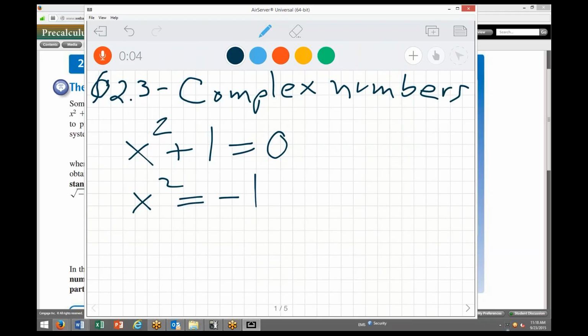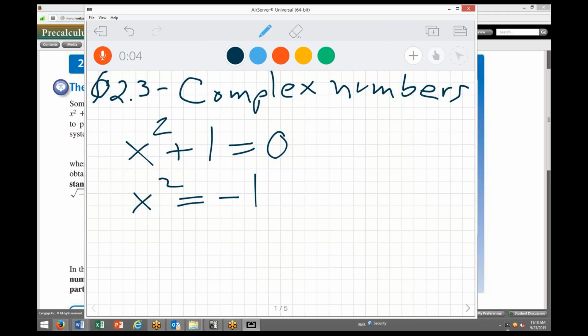And we all know that within the realm of real numbers, the numbers on the real number line, if you take any two real numbers and multiply them together, we know what happens based on their signs. If they're both positive, we get a positive. If one's a positive, one's a negative, we get a negative. But if they're both negative, we also get a positive.